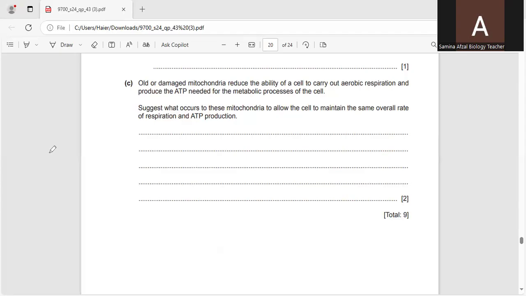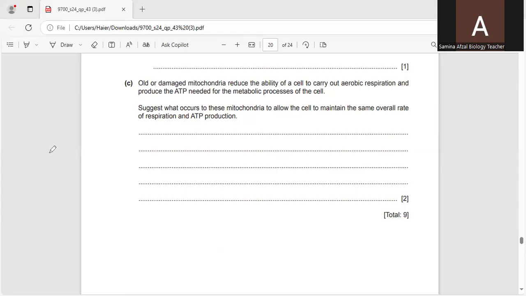Lysosomal enzymes break down the damaged mitochondria, recycling their components. Mitochondria constantly undergo fusion and fission events. Fusion allows for the exchange of healthy mitochondrial components such as DNA and protein between mitochondria. Fission can isolate damaged parts of mitochondria, which can then be targeted. If mitochondrial function is really impaired, cells can switch to glycolysis, a less efficient but faster way to produce ATP.